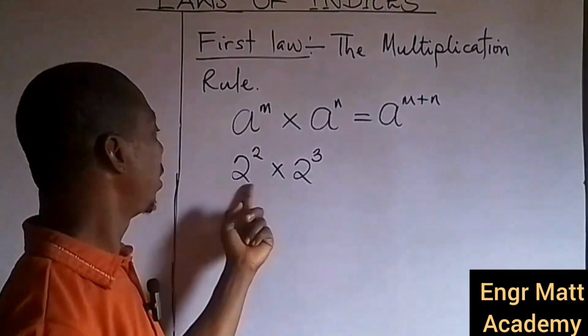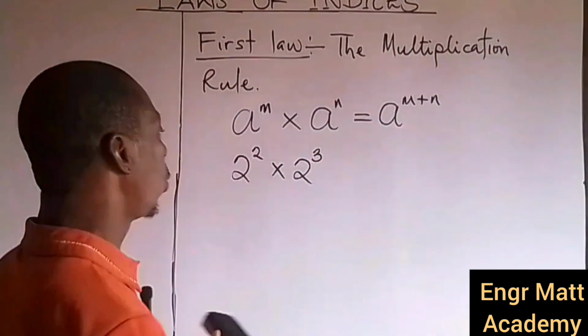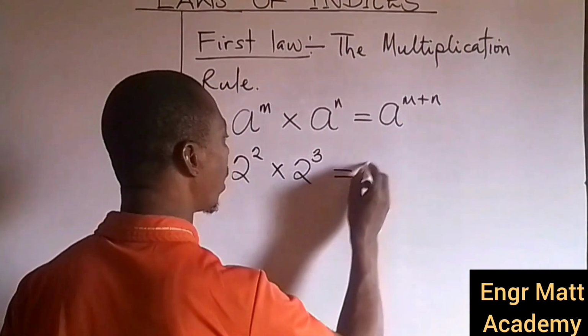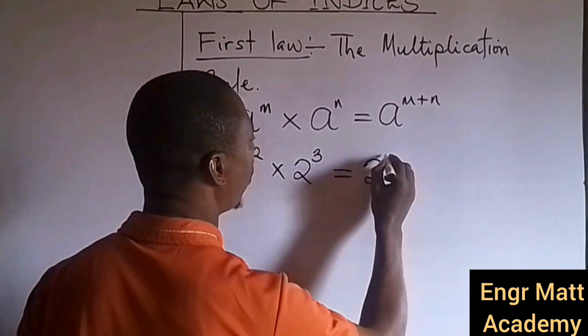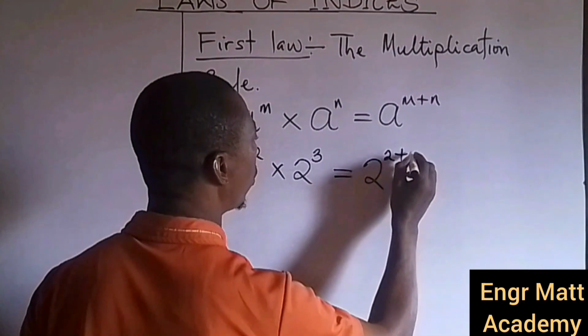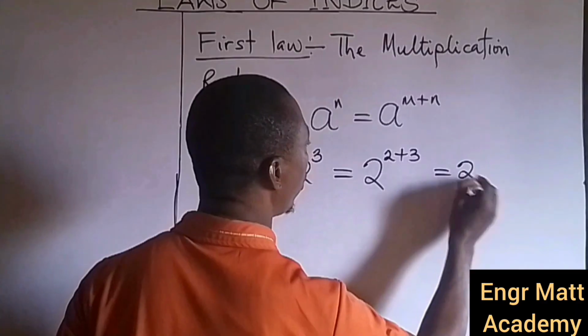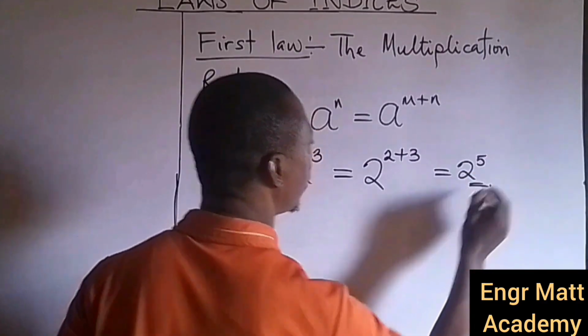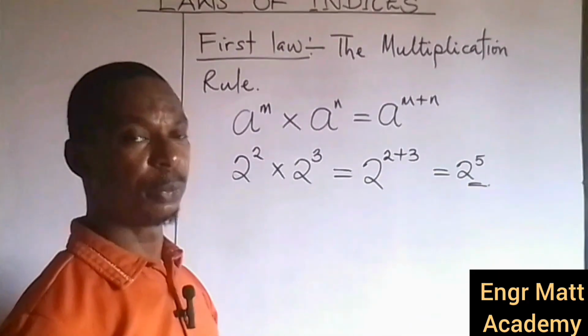And as we can see, the base numbers are the same, 2, 2. So we retain the base number and we add their powers, 2 plus 3. This will give us 2 raised to the power of 5. Just the same answer we got when we used the expansion rule.